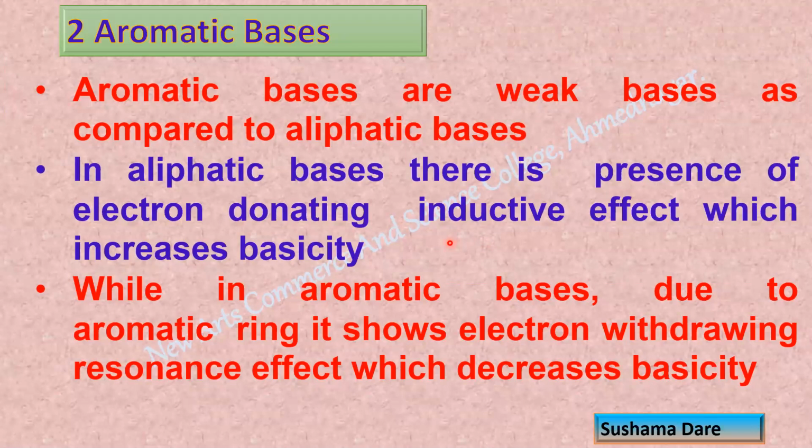So it is not always true that aliphatic bases are strong bases as compared to aromatic bases. But mostly, if you consider a simple aliphatic base and a simple aromatic base, without any donating or withdrawing group present on the ring, then the aromatic bases are always weak bases as compared to aliphatic bases.